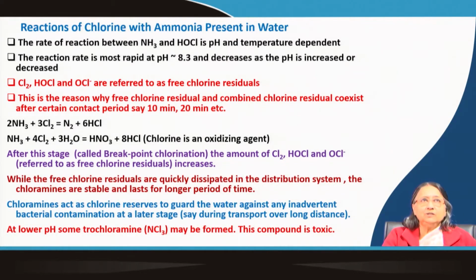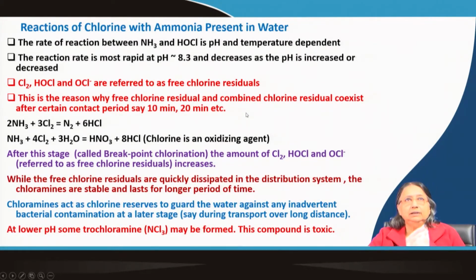Now, chlorine, HOCl and OCl minus are called free chlorine residuals. This is the reason why free chlorine residual and combined chlorine residual coexist after a certain contact period, say 10 minutes or 20 minutes. So, if you allow the chlorine to react for some time, and if ammonia is present, which is very common, then you will see that some chloramines have been formed, and also some free chlorine is there.